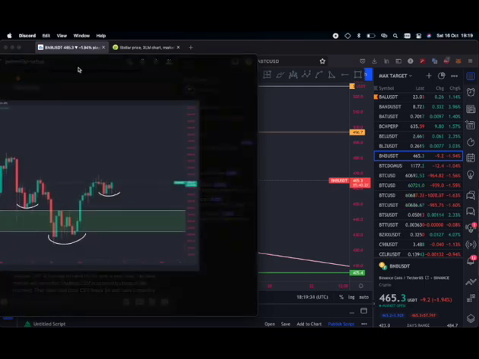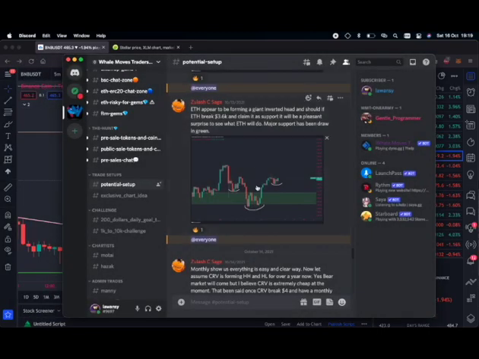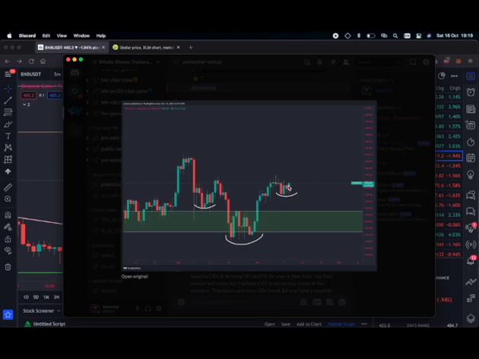So what this chart is saying is that ETH is creating a reversal pattern of market structure. We call it an inverted head and shoulder. So now if ETH is going to break $3,600 and claim that area as spot, then ETH will go more up.